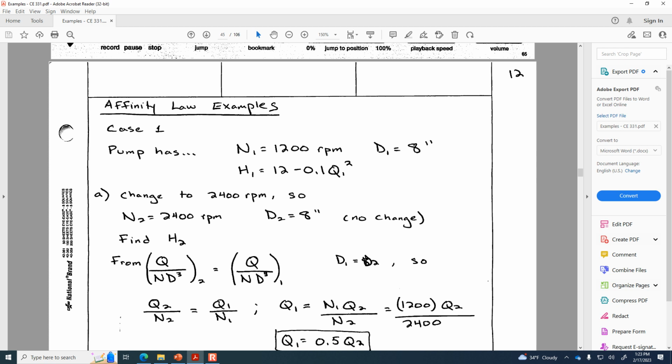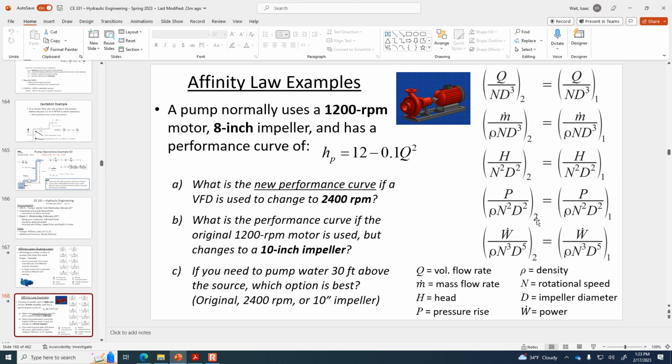So where's that from? Let's go back over to here. So this middle set of relationships relates the head on one condition to the head at the other as a function of changing rotational rate and diameter.